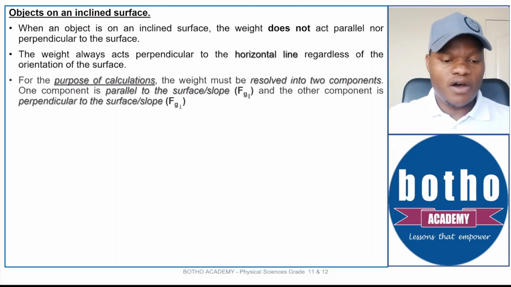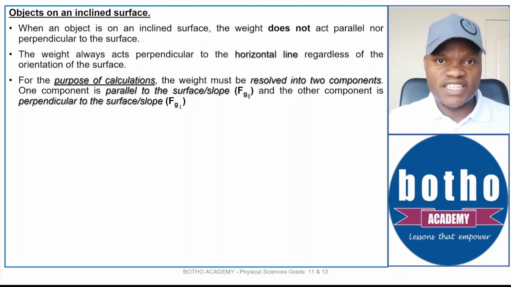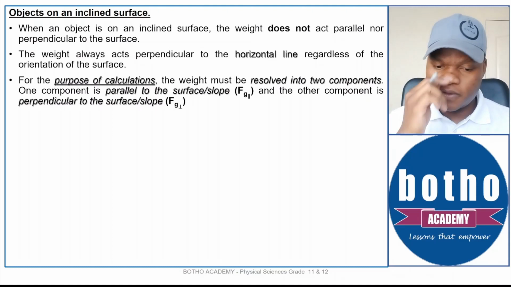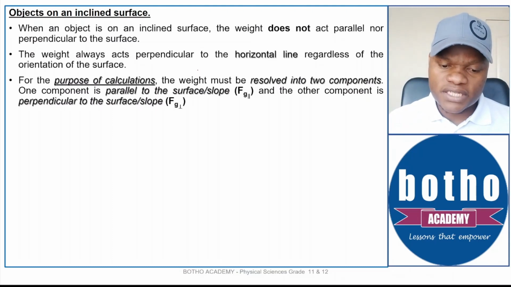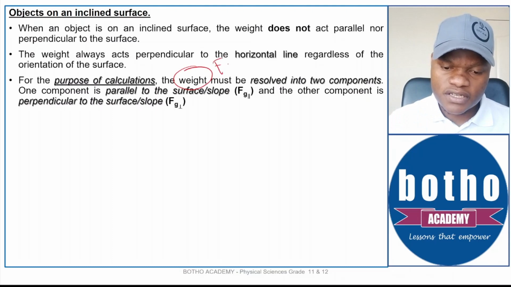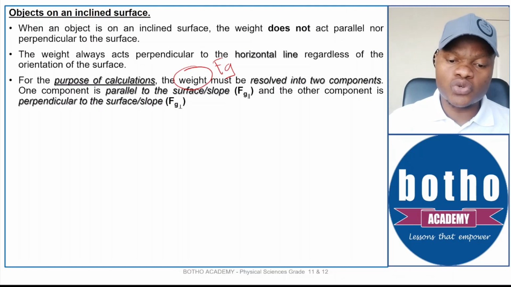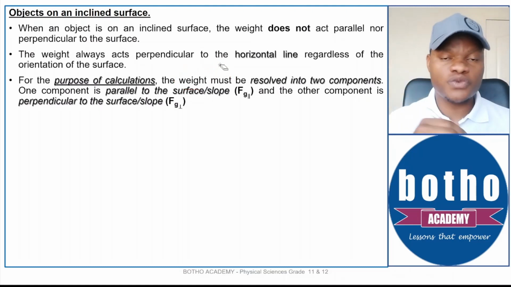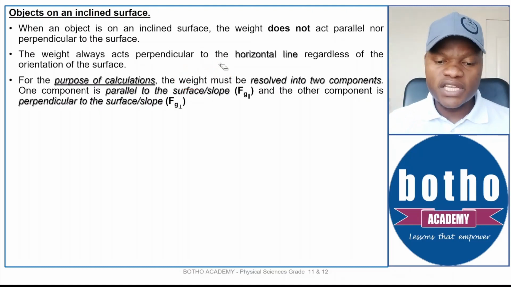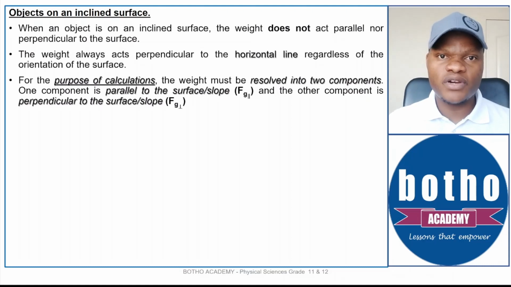Now for the purpose of calculation, this is purely for the purpose of calculation, the weight, which is what we refer to as the force of gravity, Fg, must be resolved into two components, the same way as we did in the previous slide. We need to resolve this weight into its components.